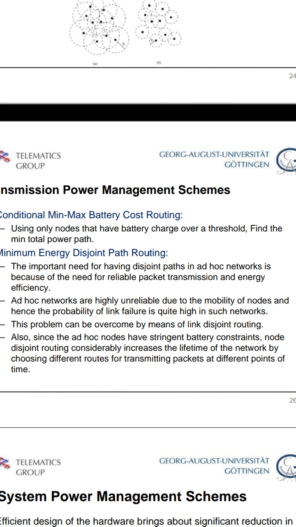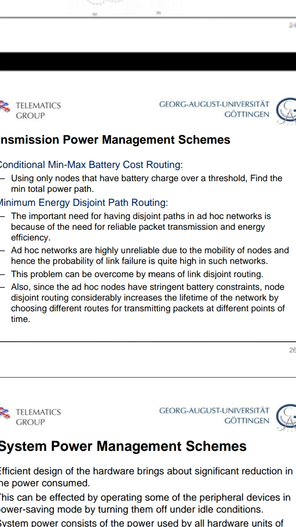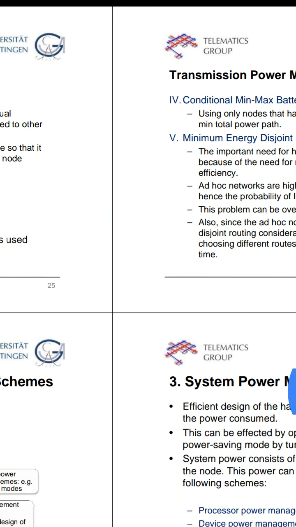This problem can be overcome by means of link disjoint routing. Since ad hoc networks have strict battery constraints, node disjoint routing considerably increases the lifetime of the network by choosing different routes for transmitting packets at different points in time.